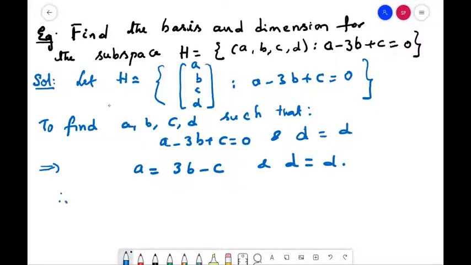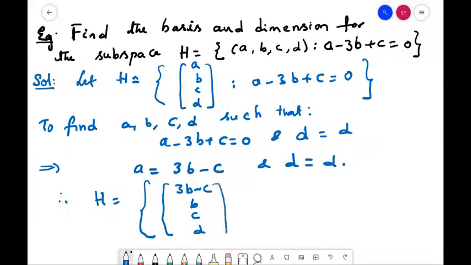Therefore, what will H be for me? H I will write like this. a is 3b minus c. And b, writing b in terms of a is meaningless, so I am keeping b as it is. Writing c in terms of a and b is also meaningless, so keep c as it is and d as it is, such that a, b, c, d are in R.